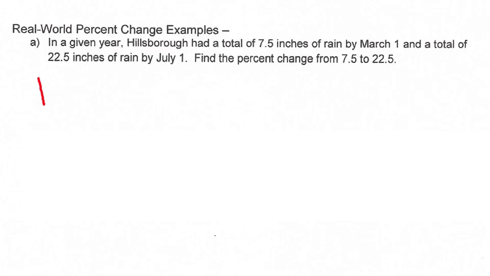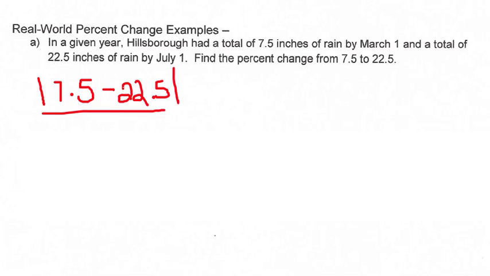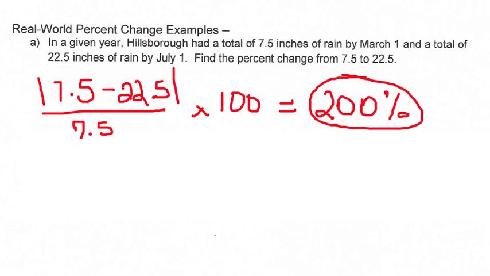So first you have to take the absolute value of 7.5 minus 22.5, and you divide it by what was the original. The original is 7.5, and then you multiply it by 100. And so your answer is a 200% increase.